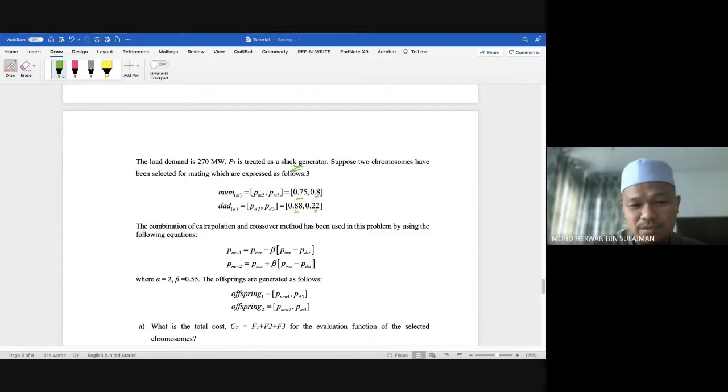This is the equation. So alpha 2, beta 0.55, you get the new offsprings.